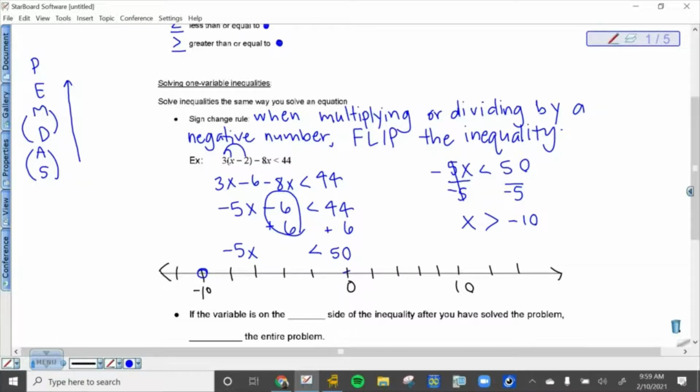Okay. So x is greater than negative 10. X is anything bigger than negative 10. That's over here to the right. So my line goes, man, it's really hard to draw straight on here, at least for me. So the arrow is going to go that way, to the right. See how that's the same direction as the inequality?